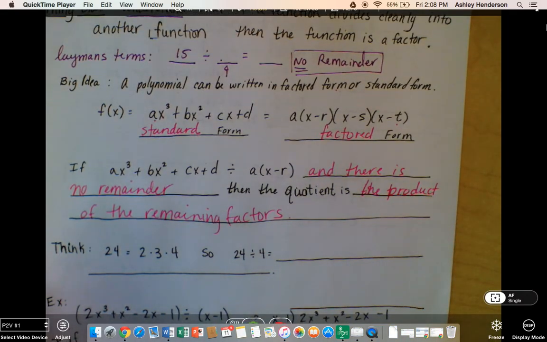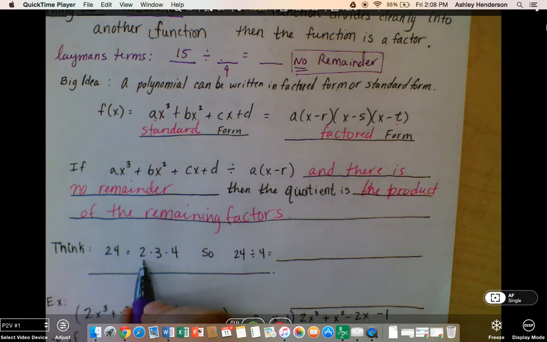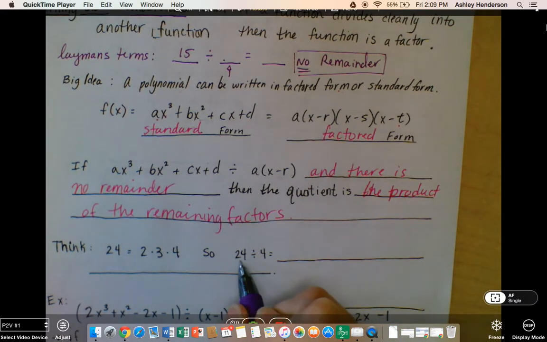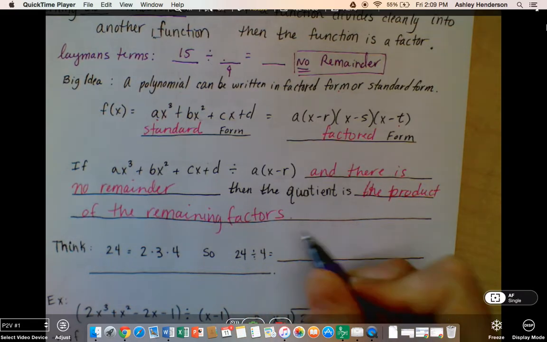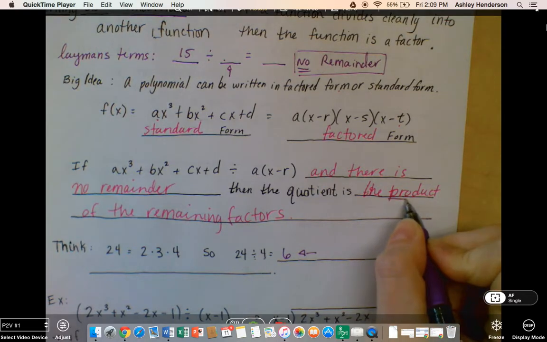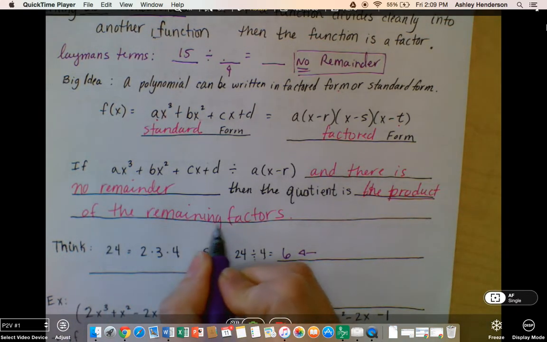So let's go back and think about it. We're going to think about this initially as some really plain simple numbers. If I have 24, I could write that as 2 times 3 times 4, right? So if I think about it from a division perspective, 24 divided by 4 is 6. And what is 6? It is the product of the remaining factors.